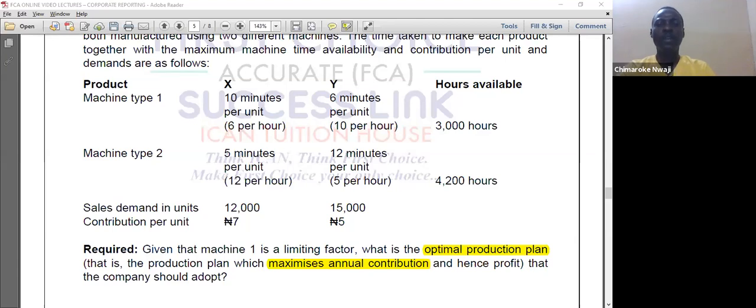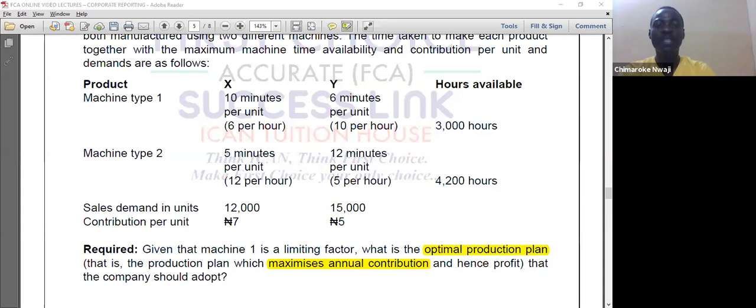So if you're going to rank, which one of them is giving you the highest ranking? Look at it here. Y is first when it comes to the ranking, because this is 0.83 as against 0.7. So you see, this is important.